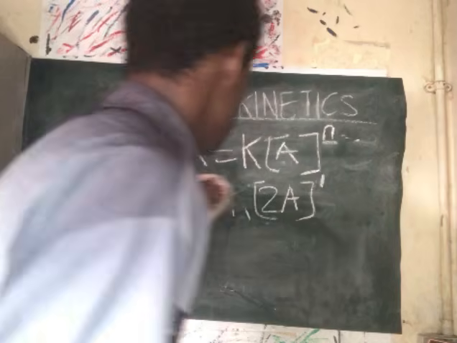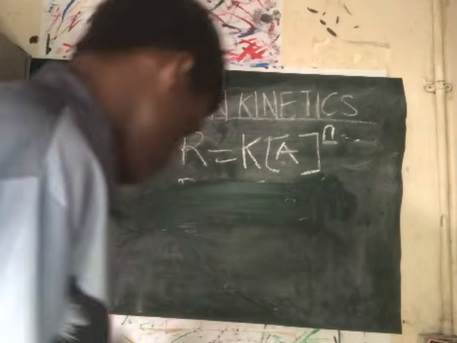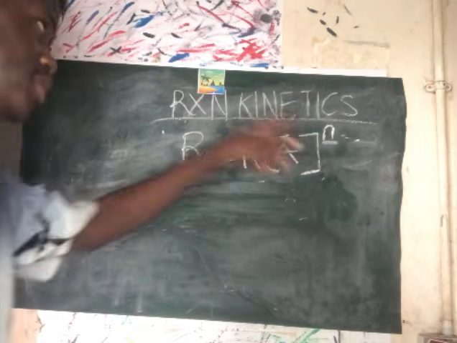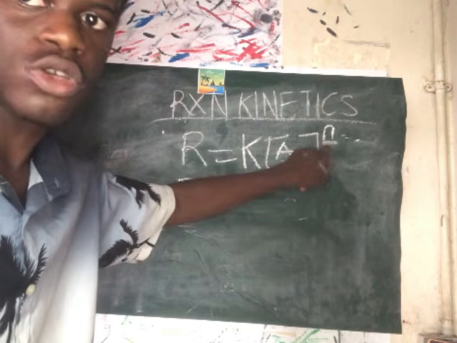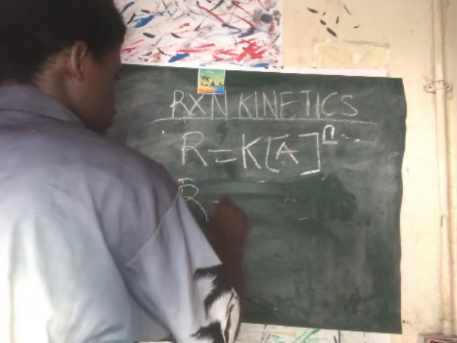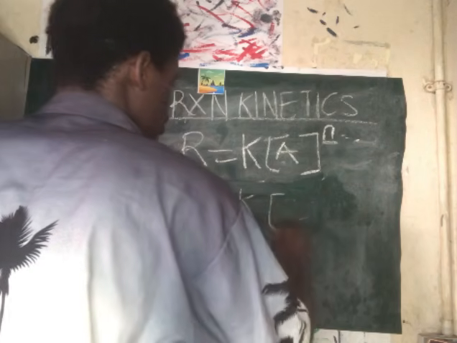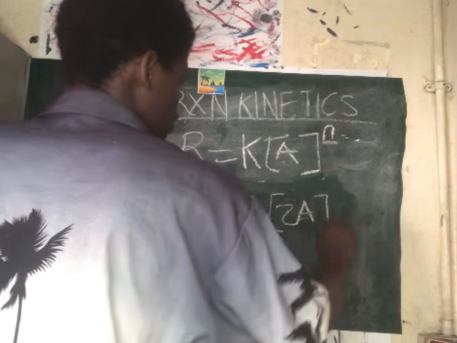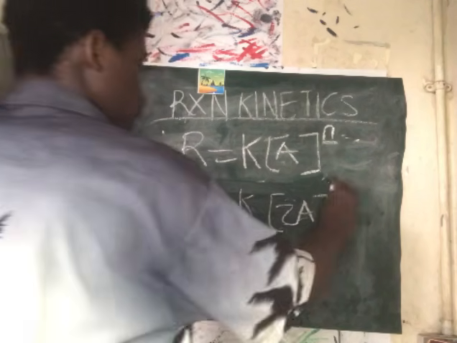But let's say it's a second order reaction now. This n will be 2, because the second order reaction is raised to power 2. Let's say we double the concentration in the second order reaction. That will be 2A, since we doubled it. But it's second order, so it's raised to power 2.